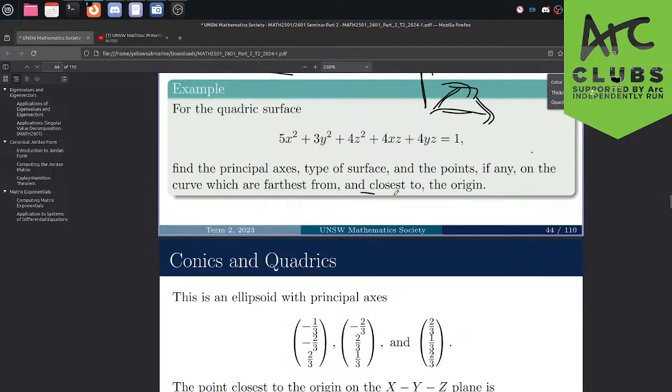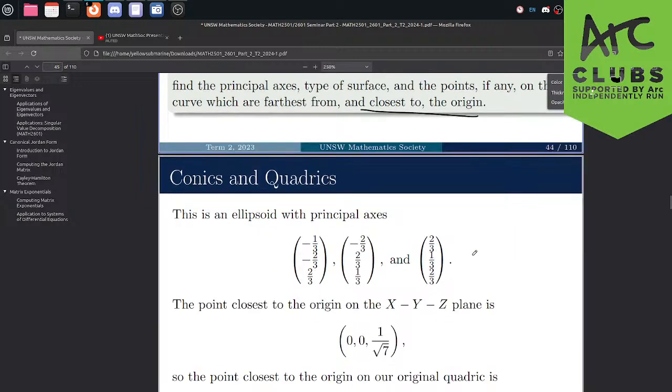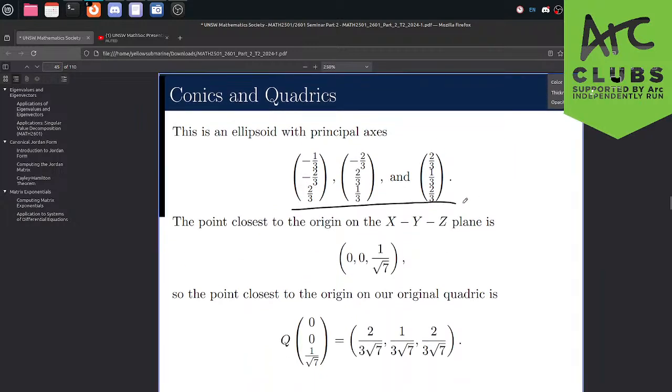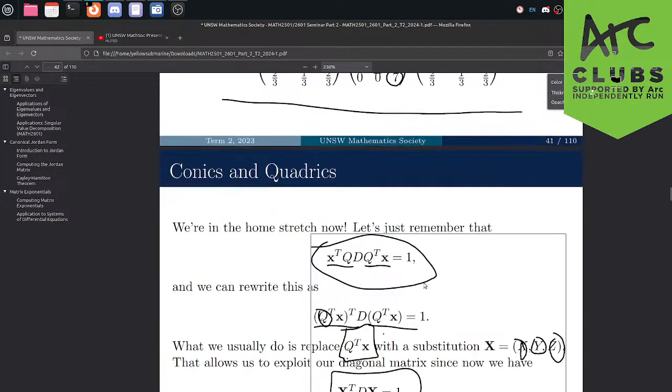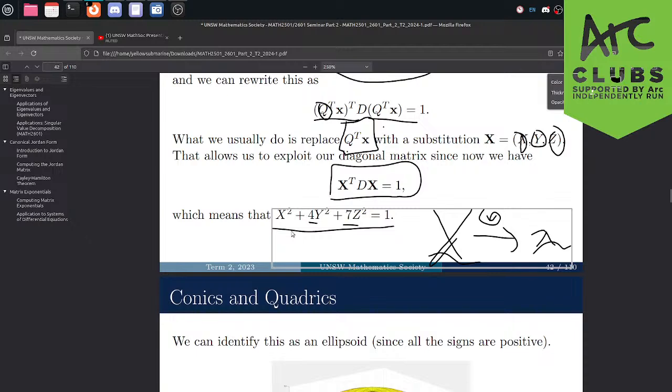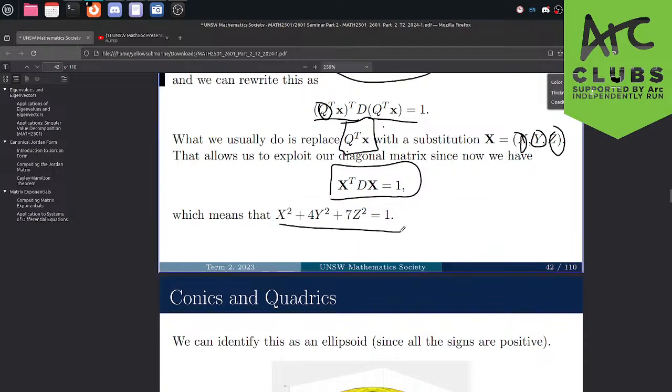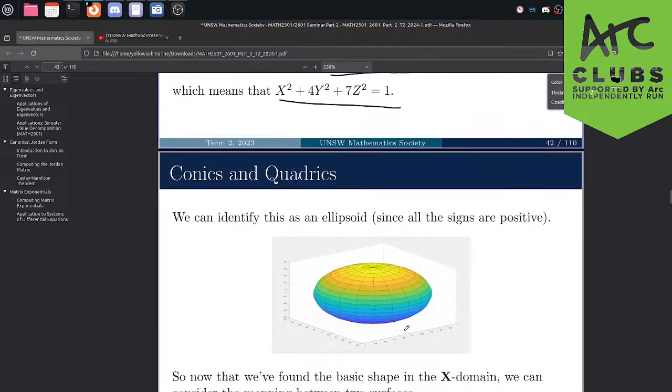So we also want to find the points closest to the origin. These are going to be your principal axes after you calculate Q times each of them. The point closest to the origin, 0, 0, 1 over square root 7, basically comes from this equation here. You can imagine the closest point is going to be like this, or like this, like the outermost points.